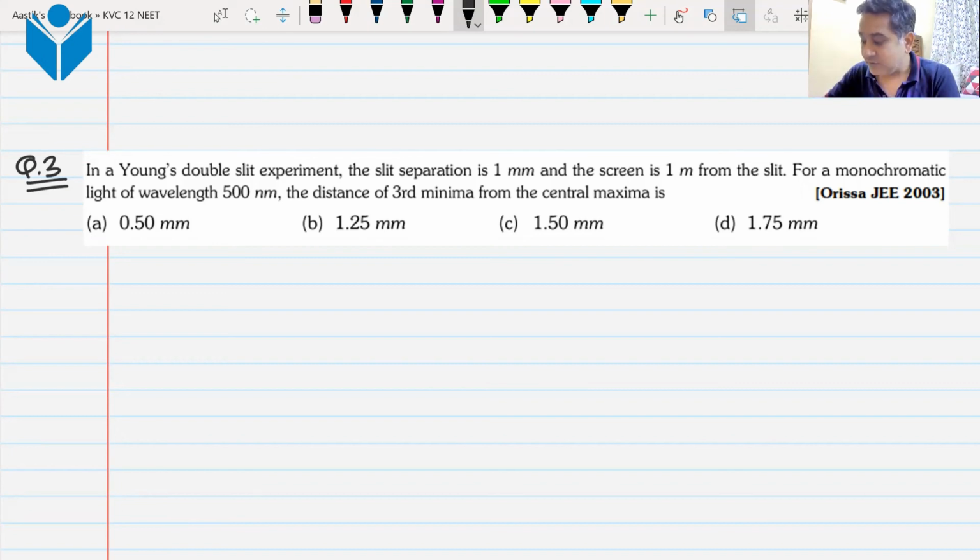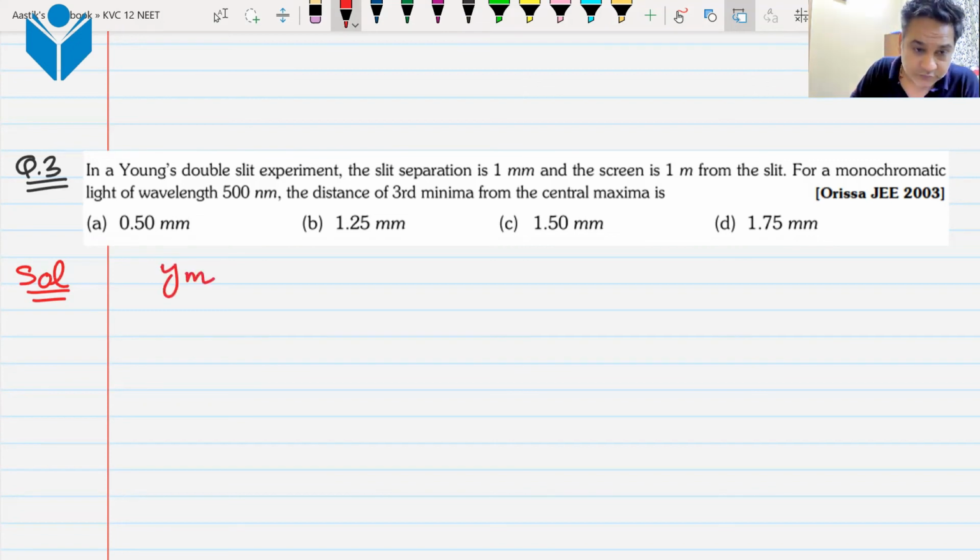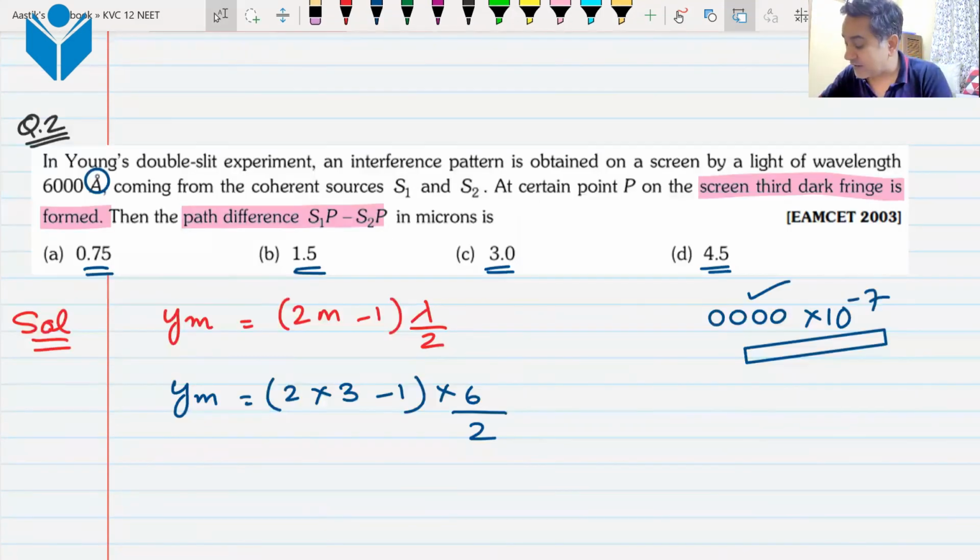See, I do the question doing all the steps, but you don't have to do all these steps. I am doing it so that you understand why it is done. Now I have to find the distance of the third minima. I used the formula of Y_m.